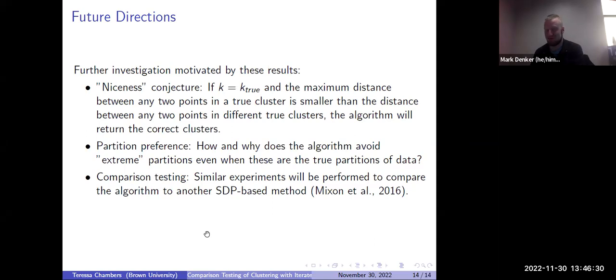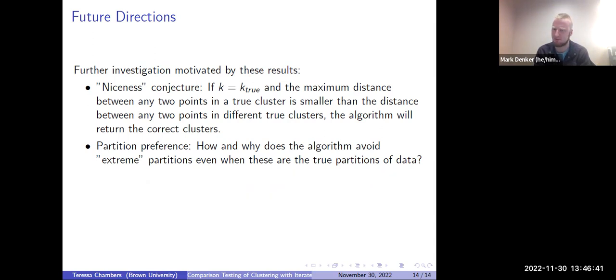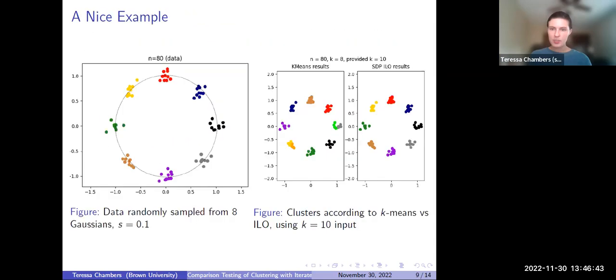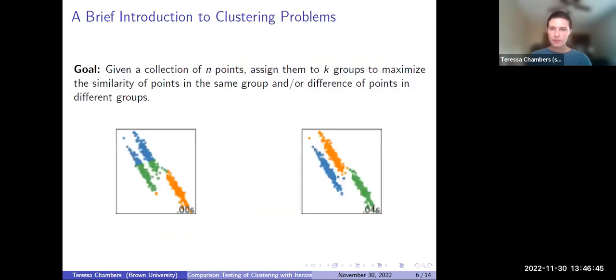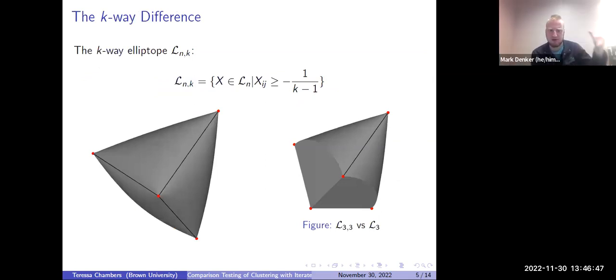I have lots of questions. But the first question, I want to go way back to the geometry of the K-way elliptopes. So you start with an elliptope, and then you cut it with a bunch of hyperplanes.